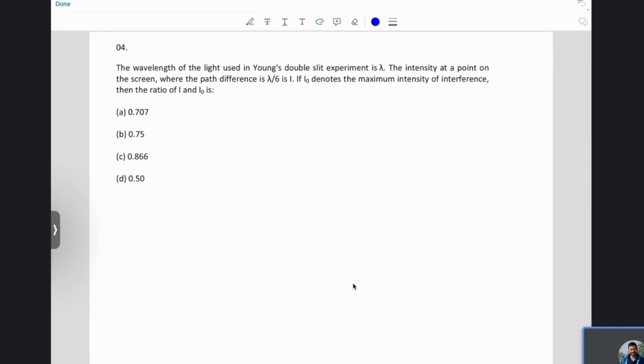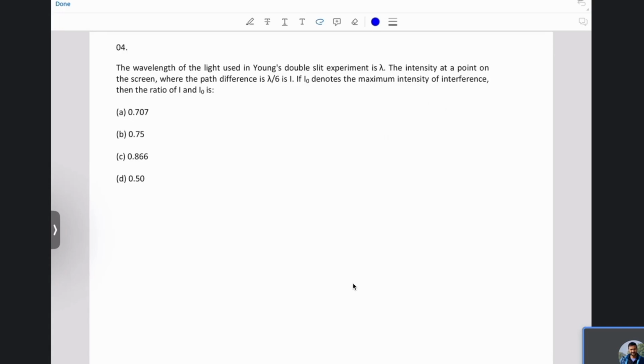The intensity at a point on the screen where path difference is lambda by 6 is I. If I naught denotes the maximum intensity of interference, then the ratio I by I naught is. So here many things are given.